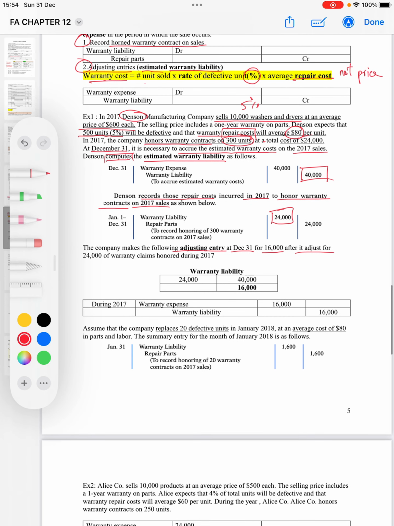So we write down the same entry as for case number 2: warranty expense and warranty liability, with the amount of 16,000 and 16,000. You can see the entry here.